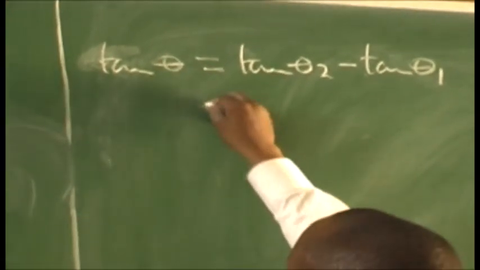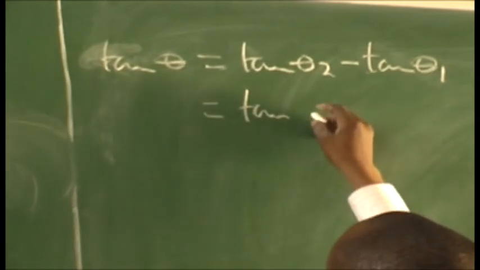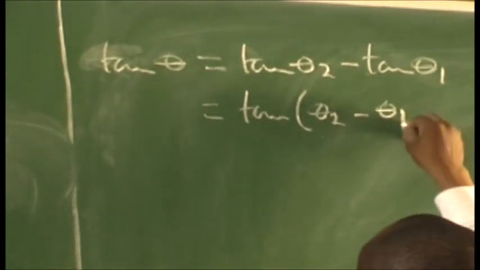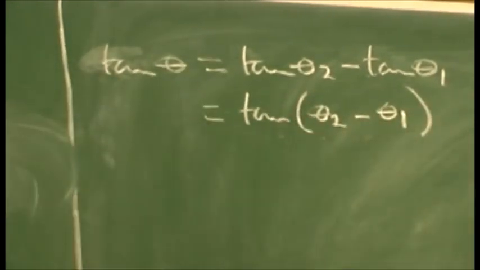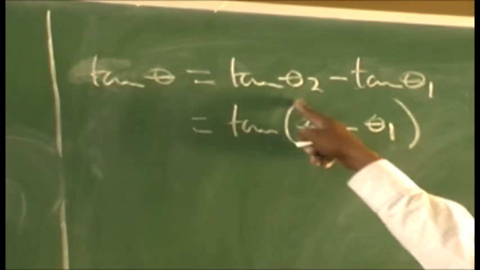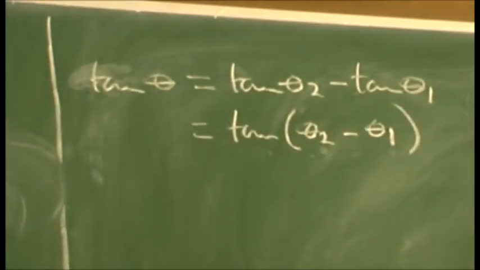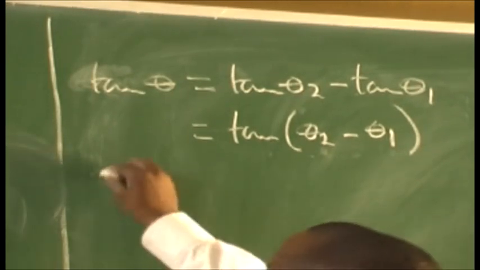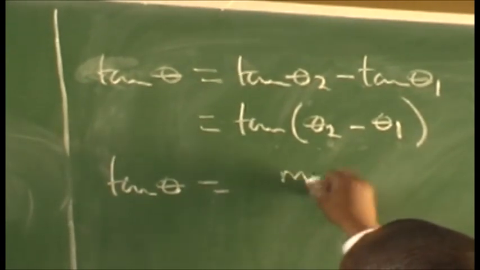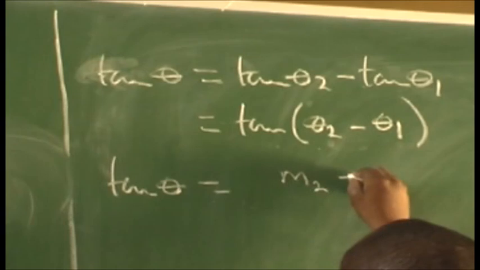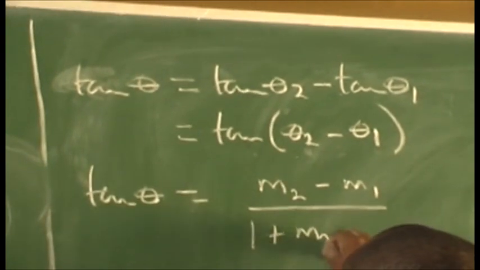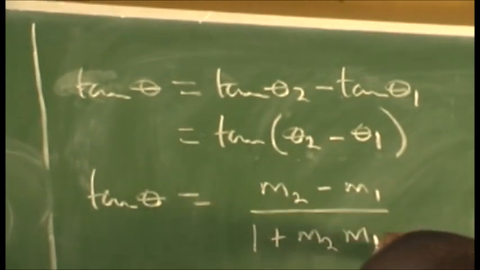Now, as it is, we see that tan theta will be the same as (m2 minus m1) all over (1 plus m2 m1).